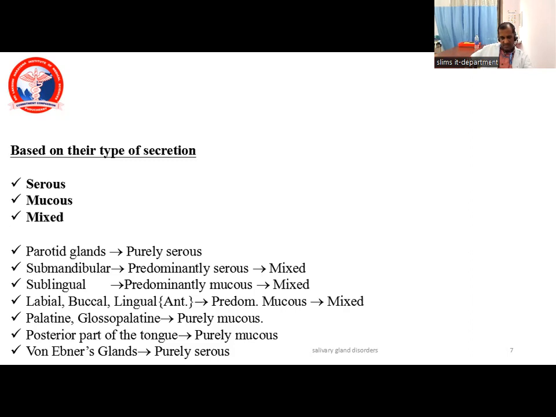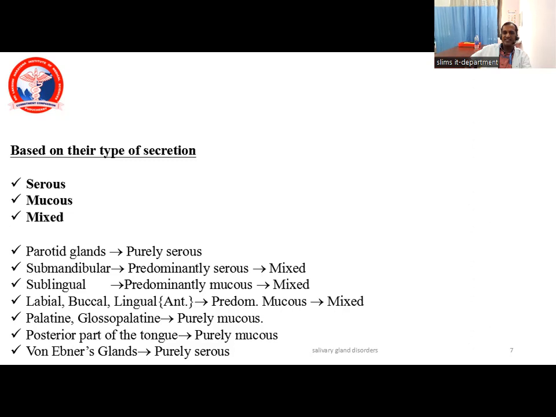Based on the secretion, your parotid is a purely serous salivary gland. Your submandibular and sublingual are mixed salivary glands. It can be categorized in that form also. It can be either a serous salivary gland or a mixed salivary gland.